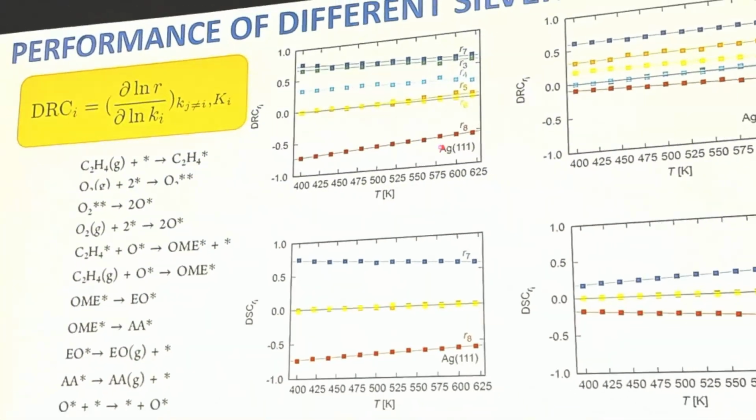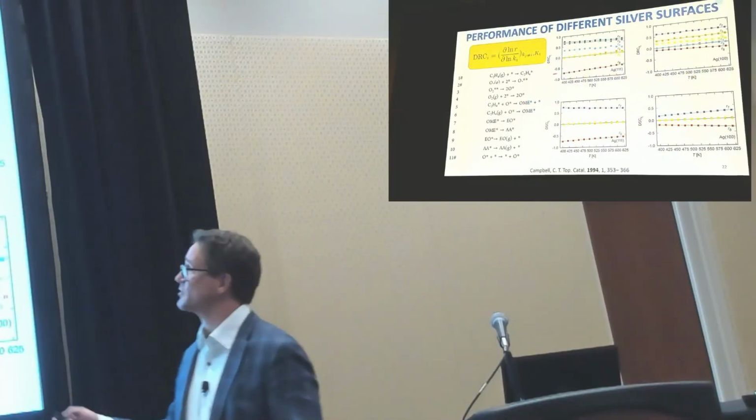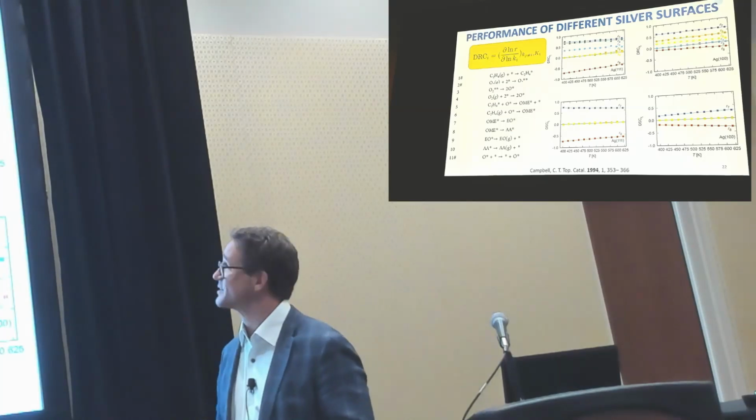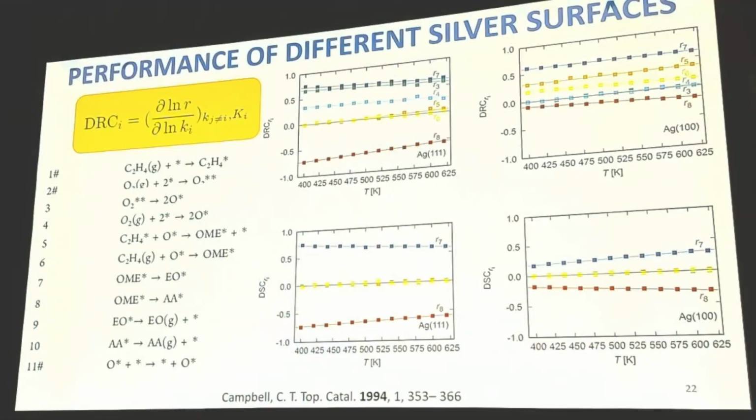So those two are competing, and on the other side, the ones that are suppressing our reaction, that's of course the one that forms the AA complex. And you can also see that for the selectivity, it's always at that barrier when you choose either ethylene oxidation or the AA product. That controls the selectivity, which is sort of what we know from the beginning. So that's good to see that it works.